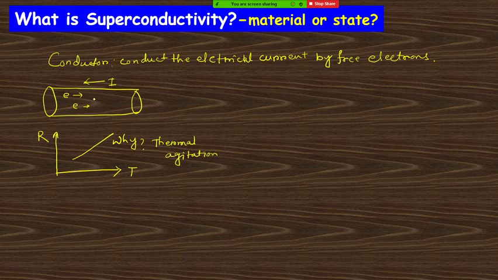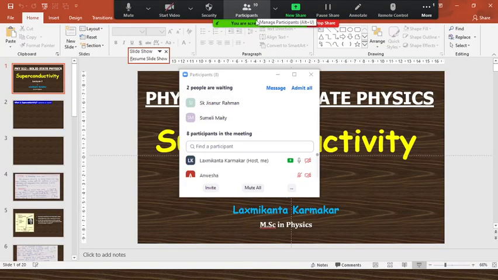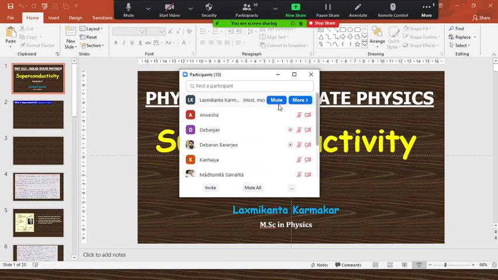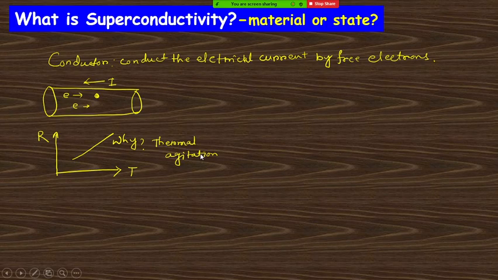Thermal agitation means the atoms or molecules within the conductor are thermally vibrated, and this vibration increases with increasing temperature.